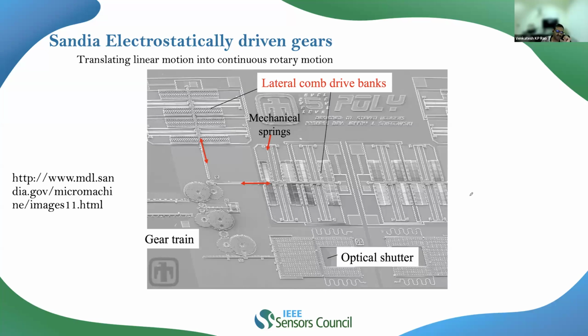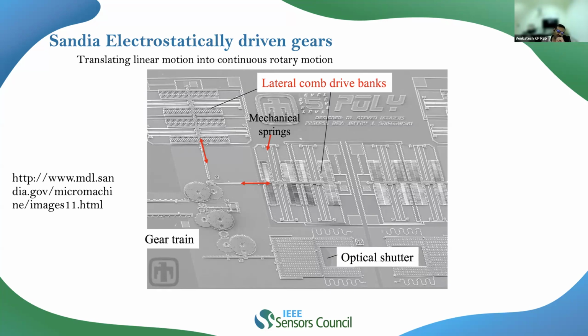For example, Sandia Labs has well developed, with the help of comb fingers, the driving of gear and gear trains. Whenever you apply a potential, what happens? There will be a motion of the comb finger, which leads to the motion of the lever arms, and this lever arm will further lead to the motion of the gears and gear trains.